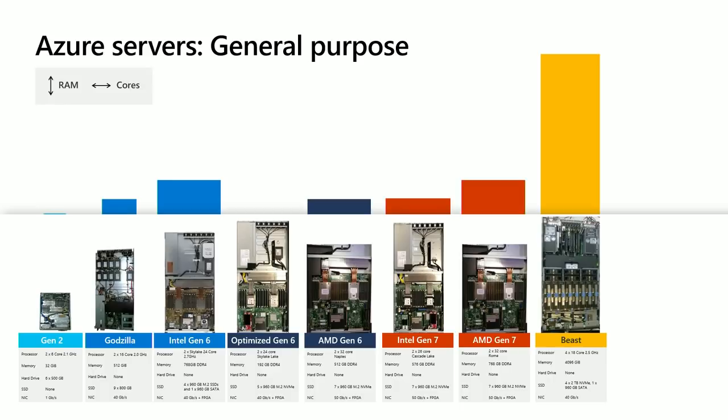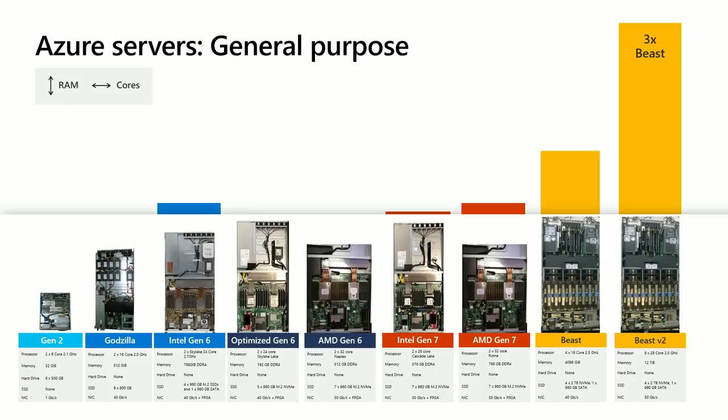And we thought, wow, that's really big. But then our enterprise customers said, we've got even bigger in-memory workloads we want to move. And so we just recently released this, Beast v2, or son of a beast, I like to call it. This is 12 terabytes of RAM, 448 cores. And so things are getting even bigger.